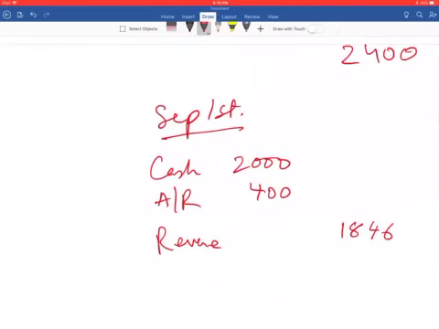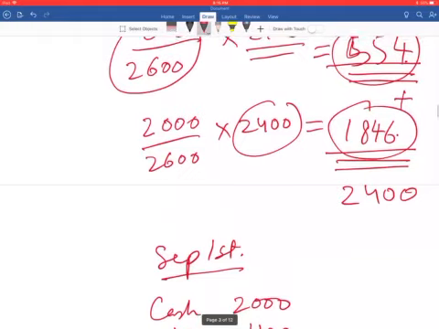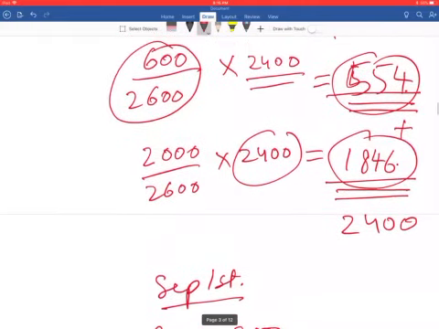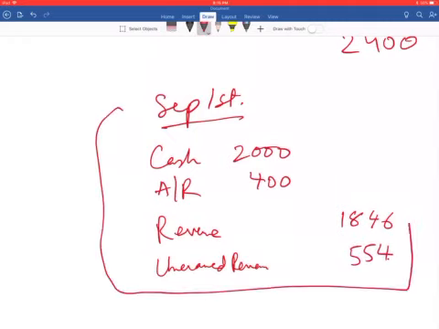Now, of course, you still have an obligation, which is unearned revenue. It's an obligation in the future according to the contract, which is $554. So this represents this contract.